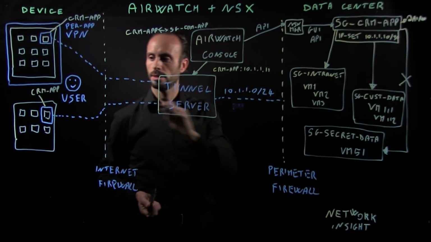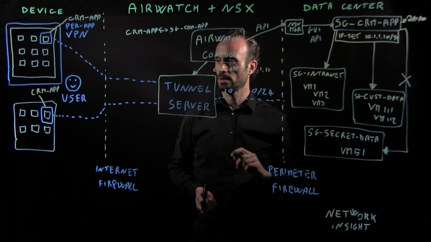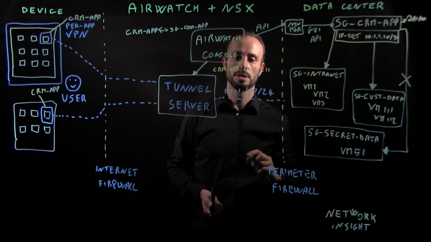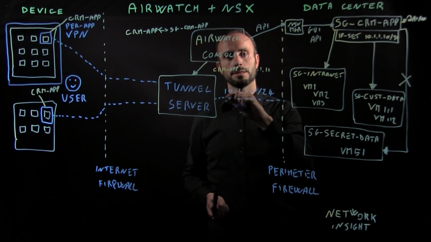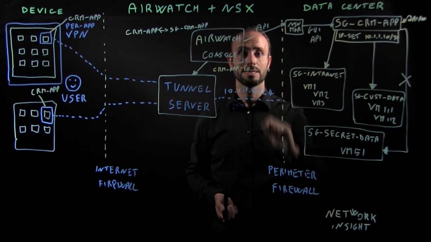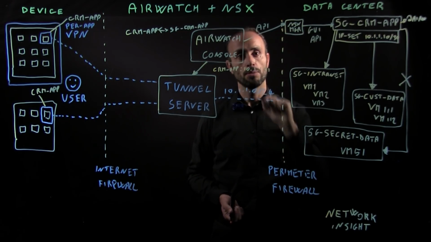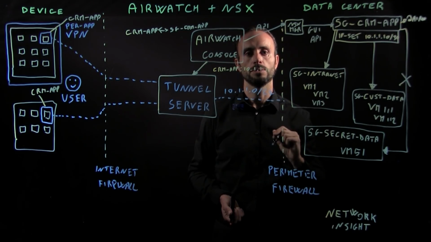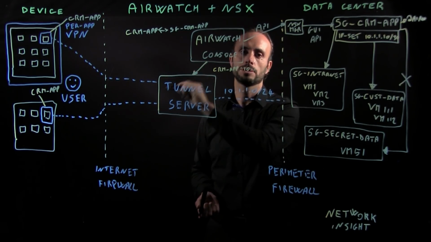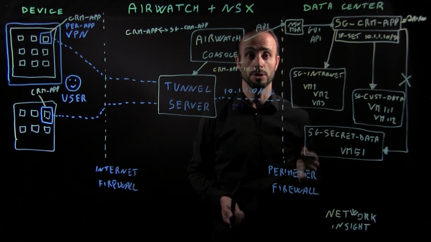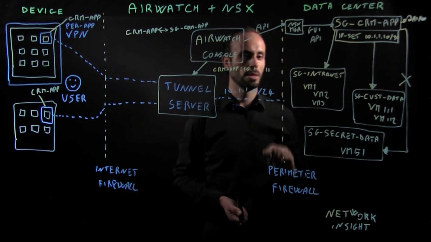And as soon as the tunnel server receives the communication from the second user, it is going to instantiate a connection to the data center with exactly the same IP address. What's going to change is the source port. An ephemeral source port will be instantiated for each single user. This way it is going to be possible to track and monitor the different connections.